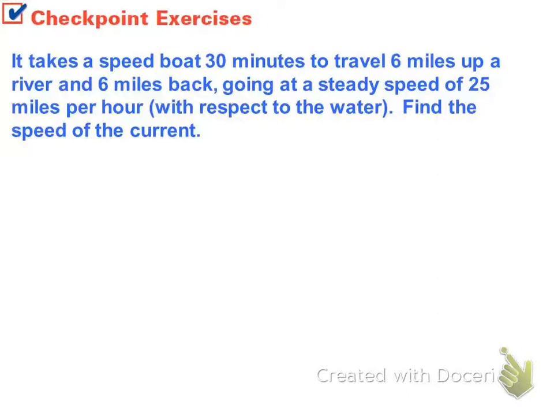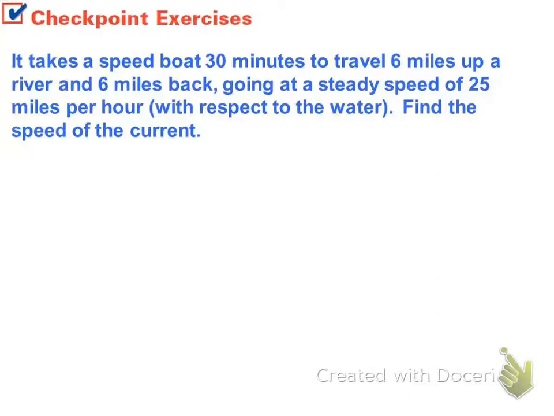Remember, with respect to the water, we have to think about upstream and downstream. Upstream, we would be pushing against the current, and downstream, the current would be pushing us along. So while the boat itself may be traveling 25 miles per hour, the current of the stream would affect our speed. And so they want us to find the speed of the current.